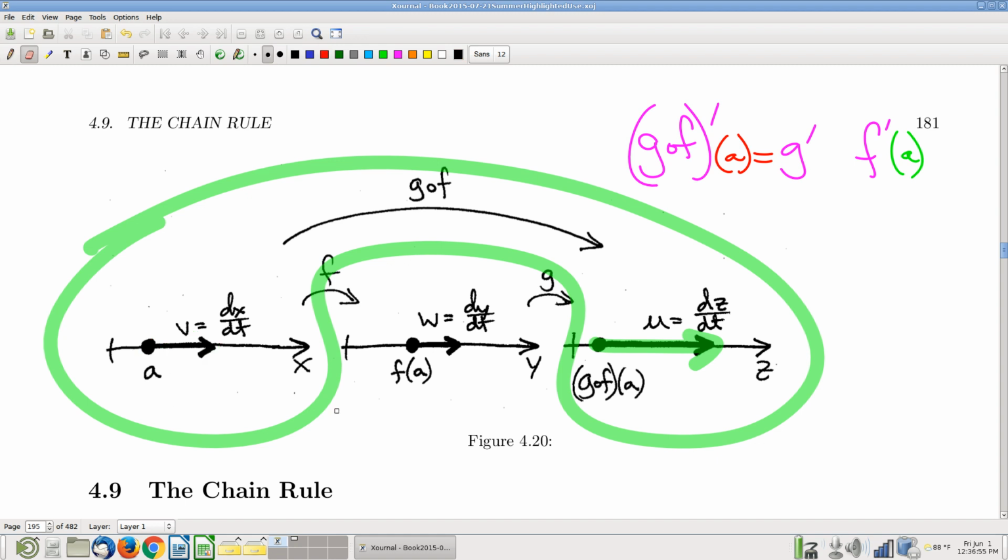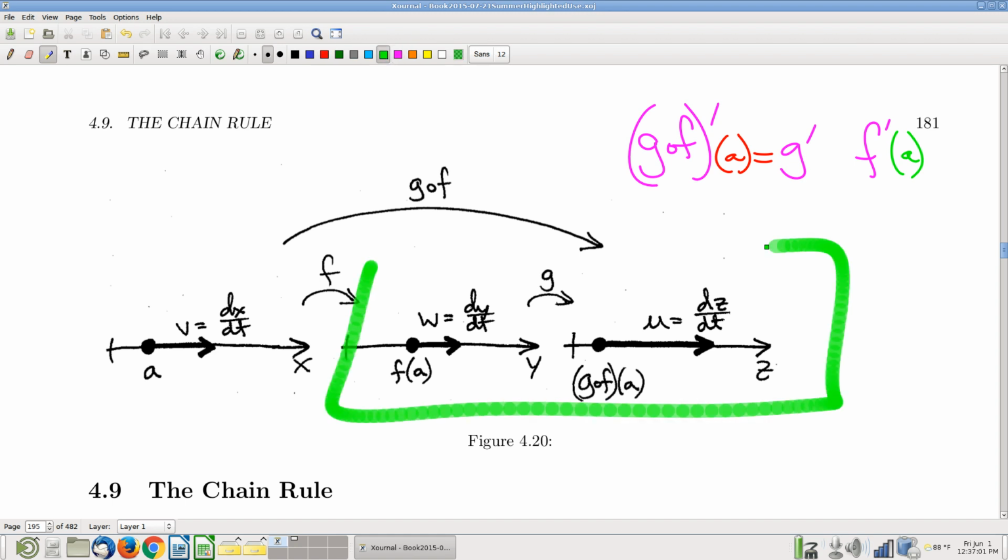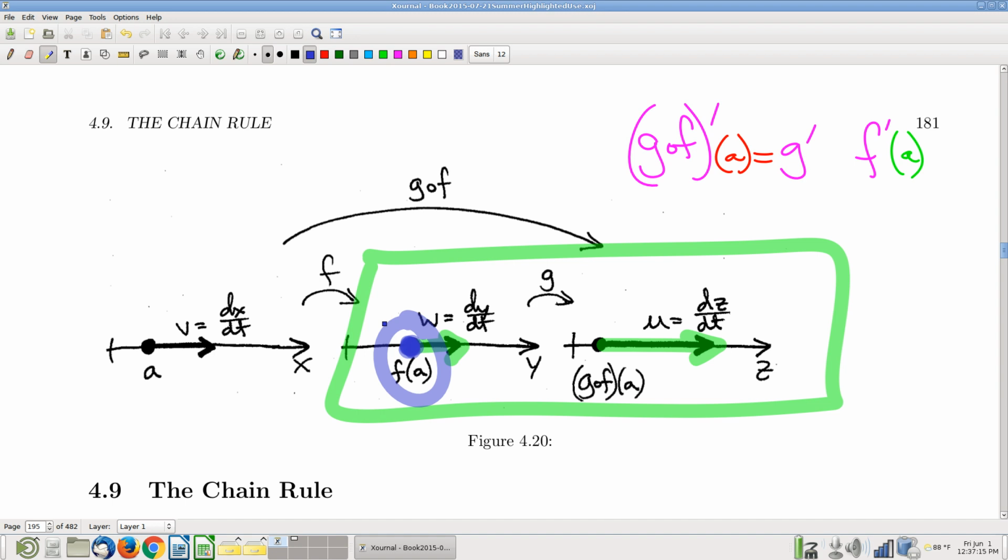And now let's play that same game with the G function. We're talking about that as the input velocity and that as the output velocity, and my input point is F of A. G is being evaluated at F of A. F of A is the input point to this function.